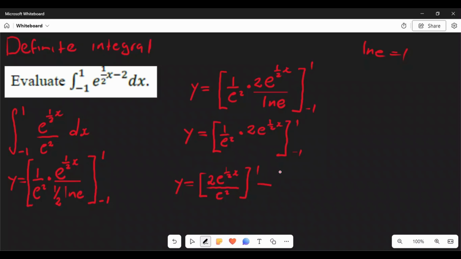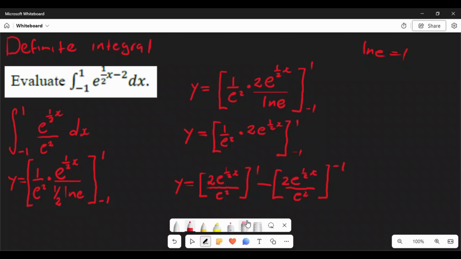Minus, remember we have to subtract the bracket of the lower limit. So this is going to be the same expression, guys: 2 e to the power of half x divided by e to the power of 2, and this time it is the lower limit. Now it's time for us to actually substitute.